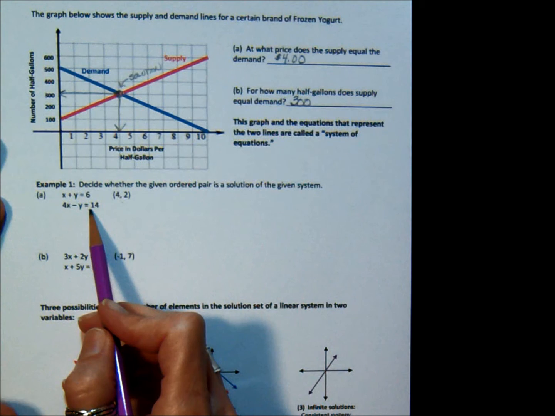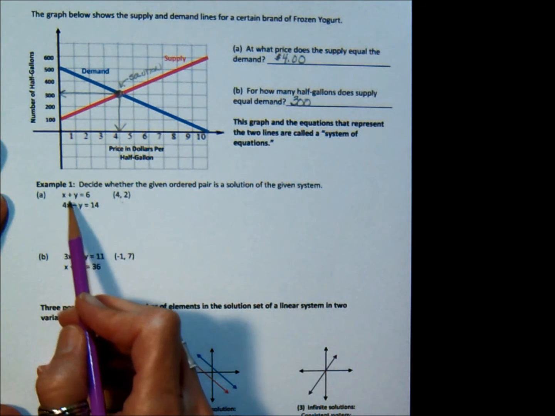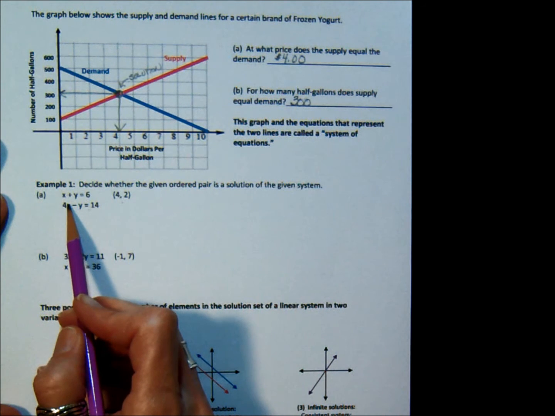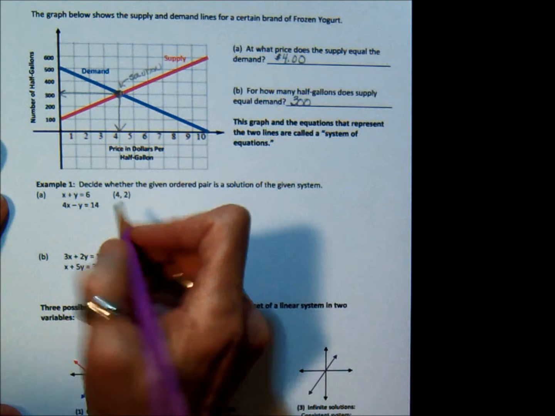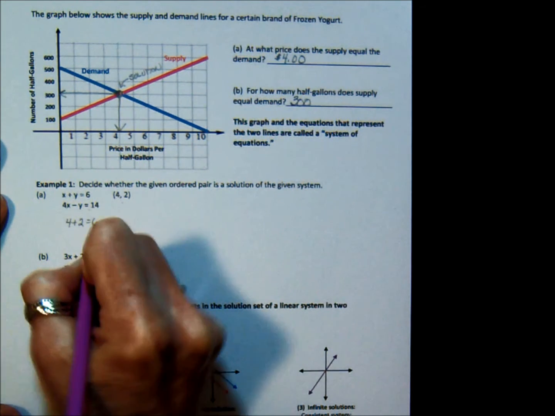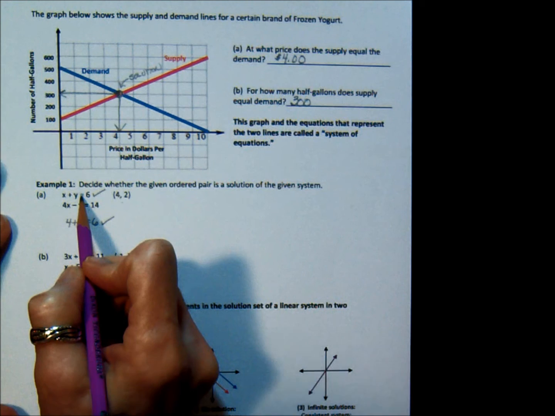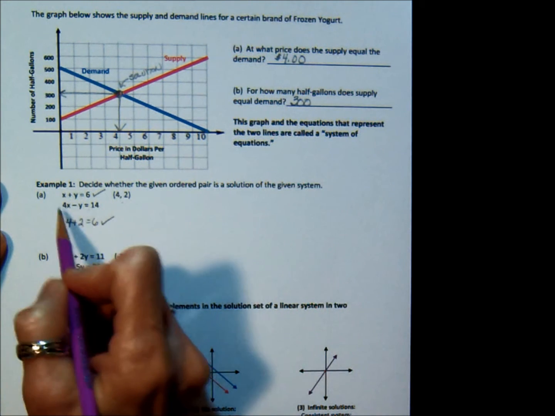Well, the only logical thing to do is to take that point and substitute it into each of the two equations in our system and see if it checks out. So in the first equation, I would put in 4 for x, 2 for y, and it definitely checks out. So that point definitely is a solution to that equation. But that doesn't mean it's a solution to the whole system.